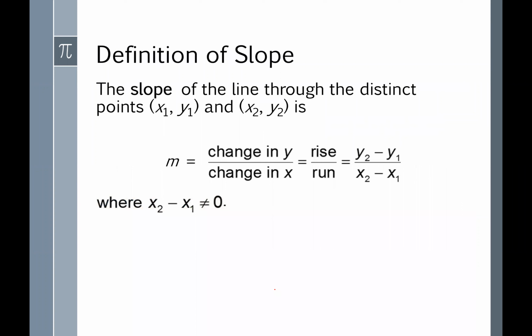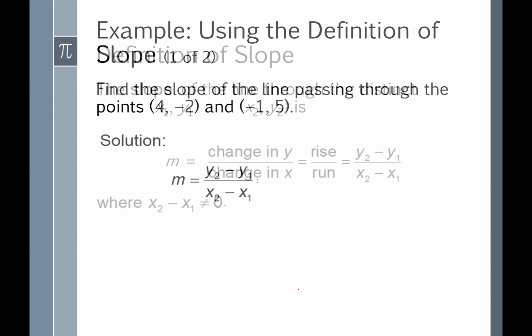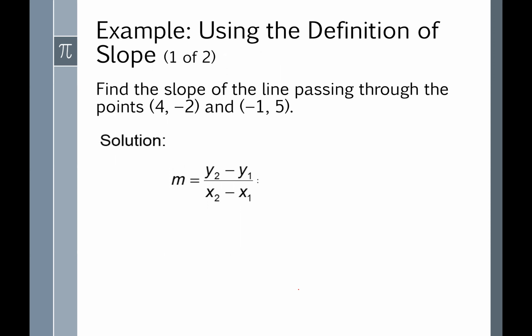And we use the letter M to designate slope. Anytime you see an M in mathematics, if it's in the context of functions and linear functions specifically, it means slope.